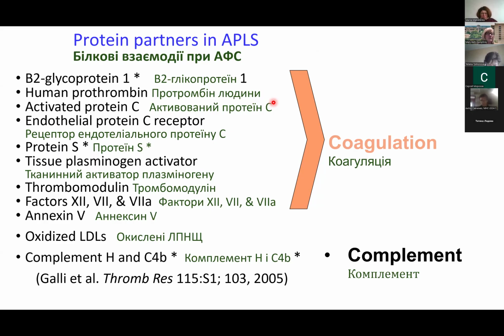Those are all part of the coagulation cascade, and they can be interacting partners with the antiphospholipid antibodies. We've already talked about the annexin 5 that can be on apoptotic cells. Oxidized LDLs can also contribute to APLS, and then complement factor H and C4b can also be associated with the antiphospholipid antibodies and the phospholipids.